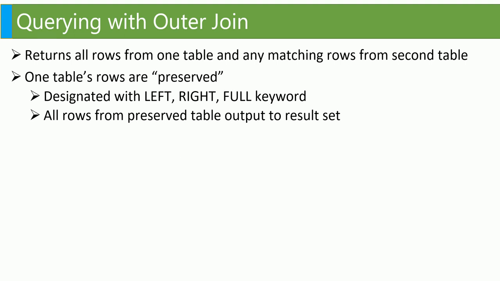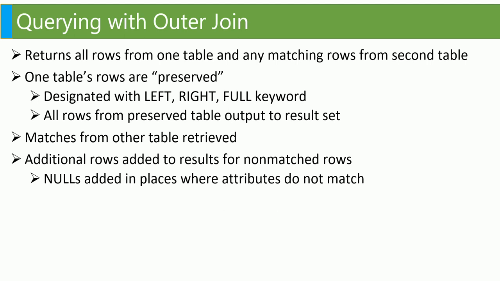All rows from the preserved table are output to the result set, matches from the other table are retrieved, and additional rows are added to the result for non-matching rows. NULLs are added where the attribute does not match.